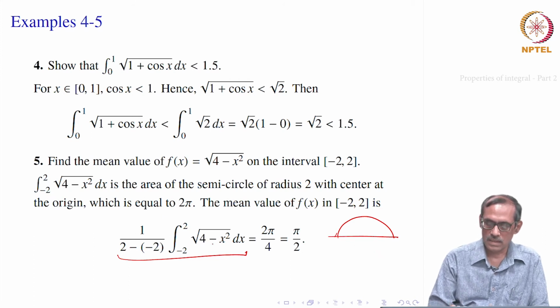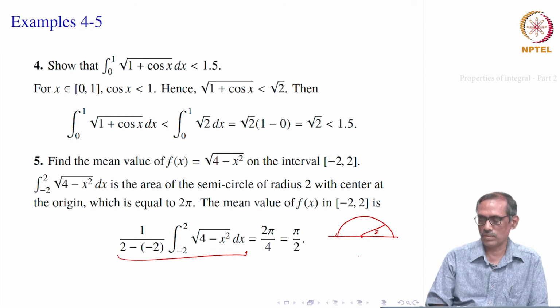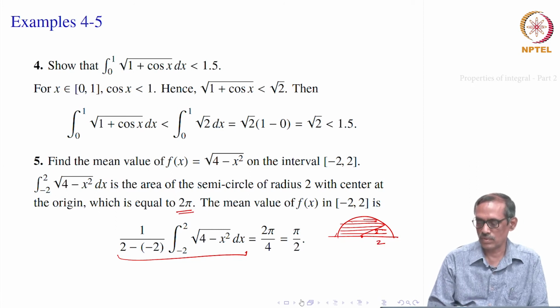That means its center is at 0 and radius is 2. Now you see x square plus y square equal to 4, that gives you y equal to square root of 4 minus x square, right, that is the curve. So, we know the area of this semicircular region is equal to 2 pi, right, because radius is 2.